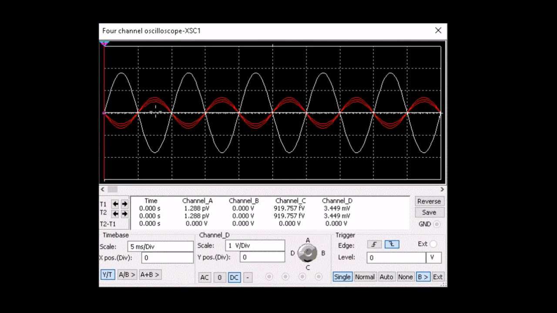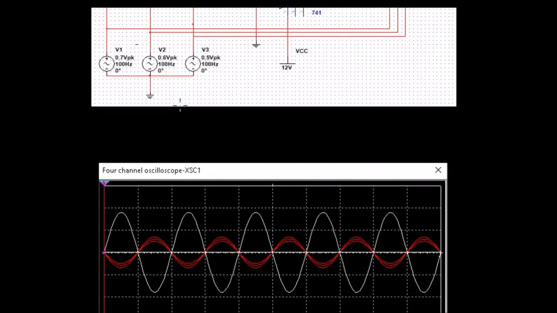So you can see that the 3 voltages are here at the input, so the red ones are the 3 voltages at the input, and they've made them slightly different so you can actually see them, and you can see that the output voltage is in white here, and the output voltage has been inverted, so a positive voltage here becomes a minus voltage, and a minus voltage becomes a positive voltage, and the peak value there is just the sum of the peak values of these 3 voltages here. So you can see that has actually worked, and it does give us a summation.